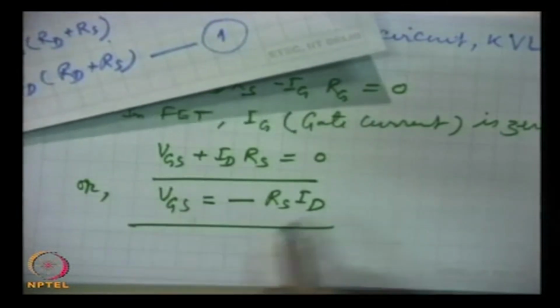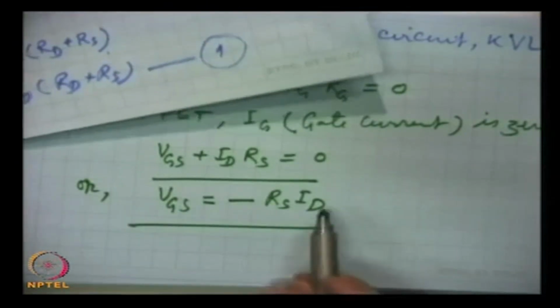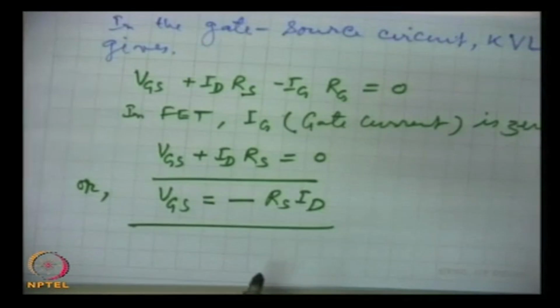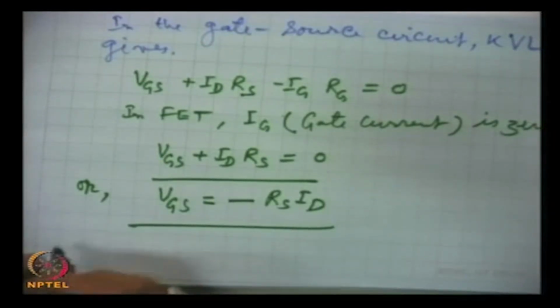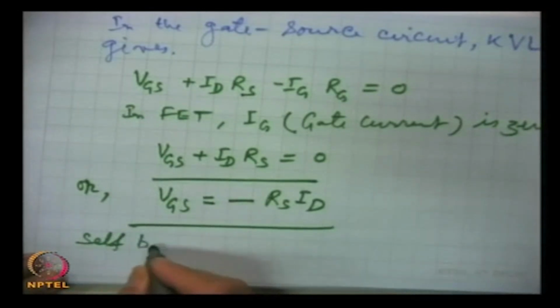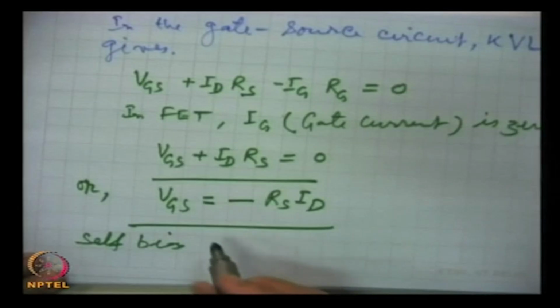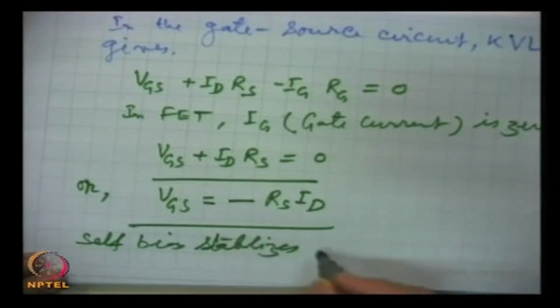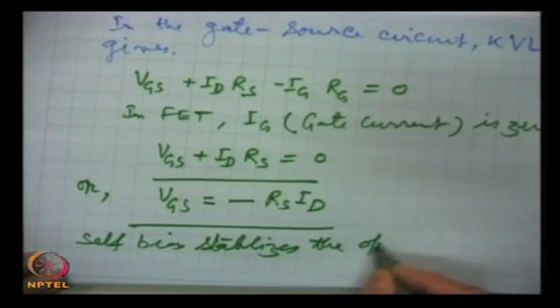Of course, that will depend on ID as well. So, this total drop across this resistance gives the voltage. Now, this is very important: self bias stabilizes the operating point.